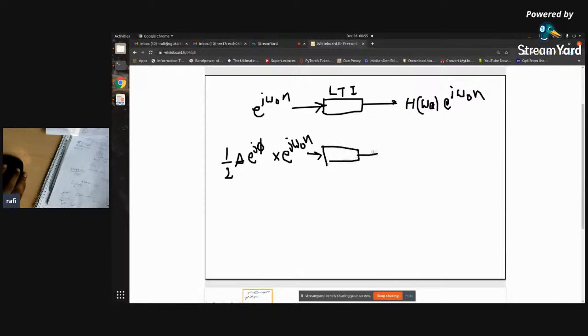Since it is an LTI system, it satisfies superposition and the homogeneity principle. So this constant, half a into e power j phi, is multiplied with the e power j omega naught n response, which is h of omega naught e power j omega naught n.